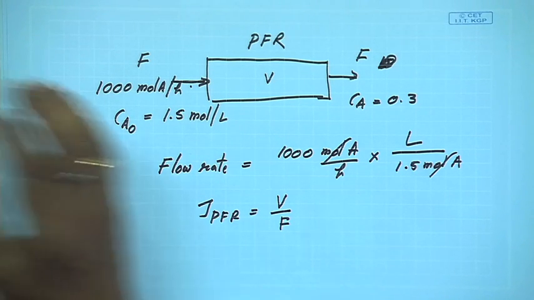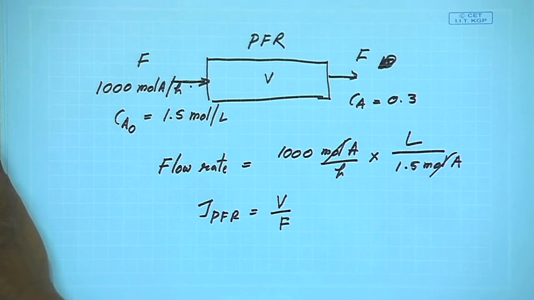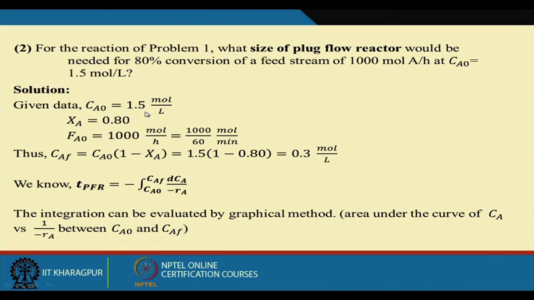Now here Ca0 is 1.5 moles per liter. Xa is 0.8, so CAF final is 0.3 as I mentioned, and this is moles per hour. So here we convert it to minutes. If you want minutes, you divide by 60.